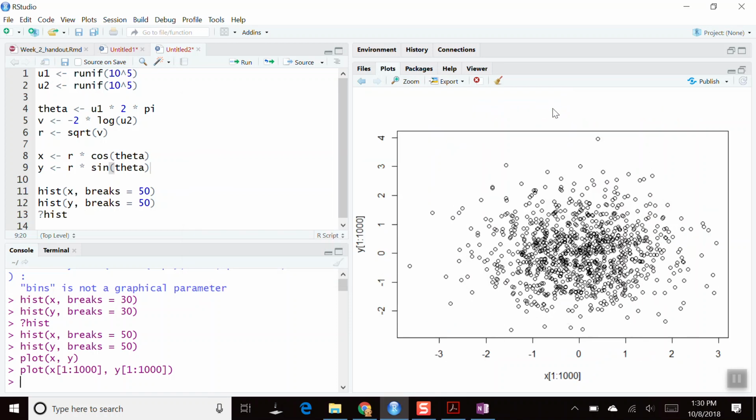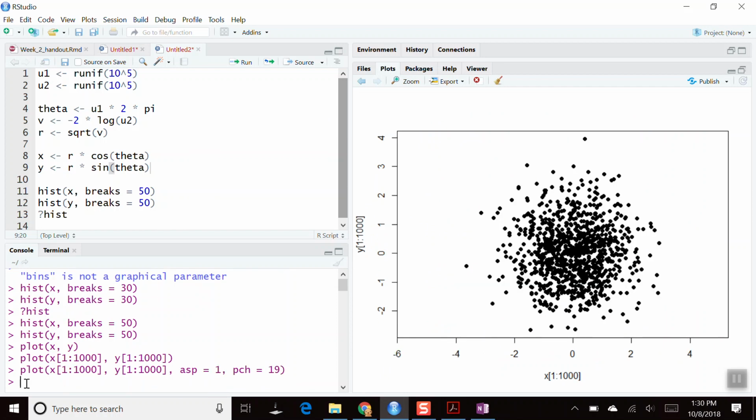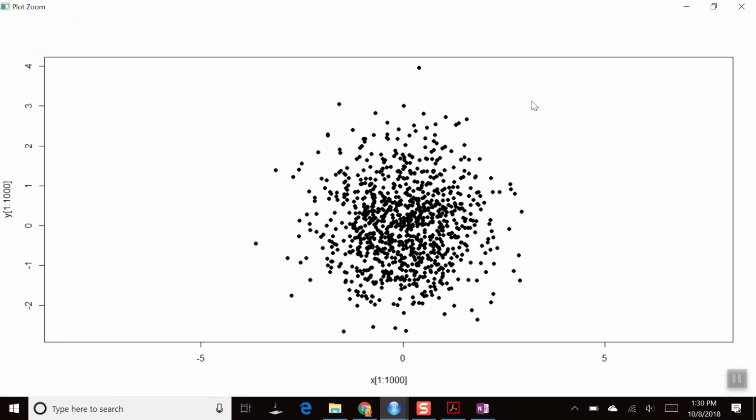Okay, it's not clear, let me turn on aspect ratio here. Okay, so this is what you get when you take two random standard normal things and you plot this.